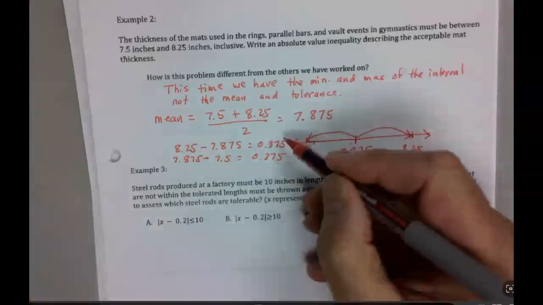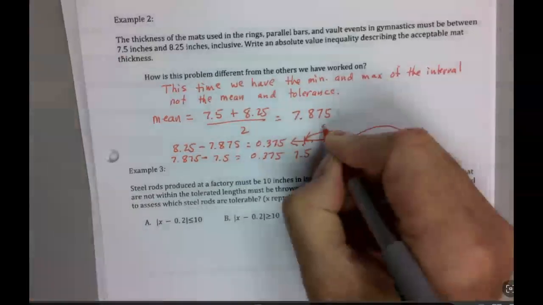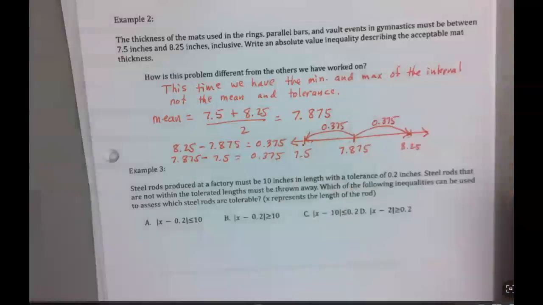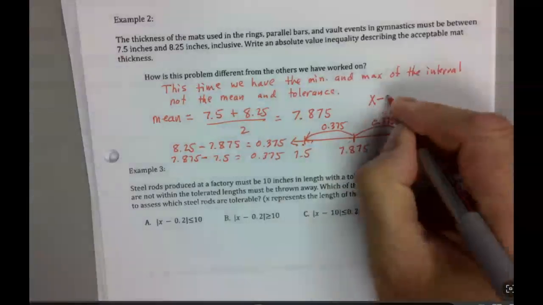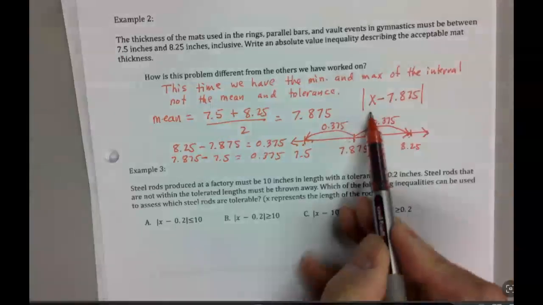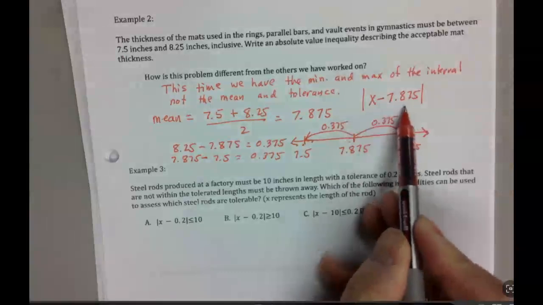Notice, did I get the same thing? So this distance from here to here is 0.375, isn't it? Agreed? That's your tolerance. So now we can write our equation. Absolute value of x minus 7.875. This is always going to be x. This is always going to be subtraction. That is your ideal. That's your middle, right?